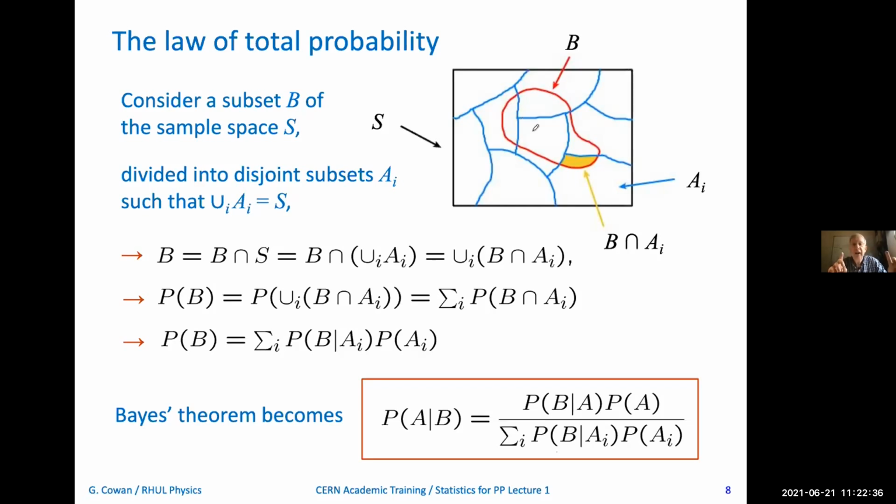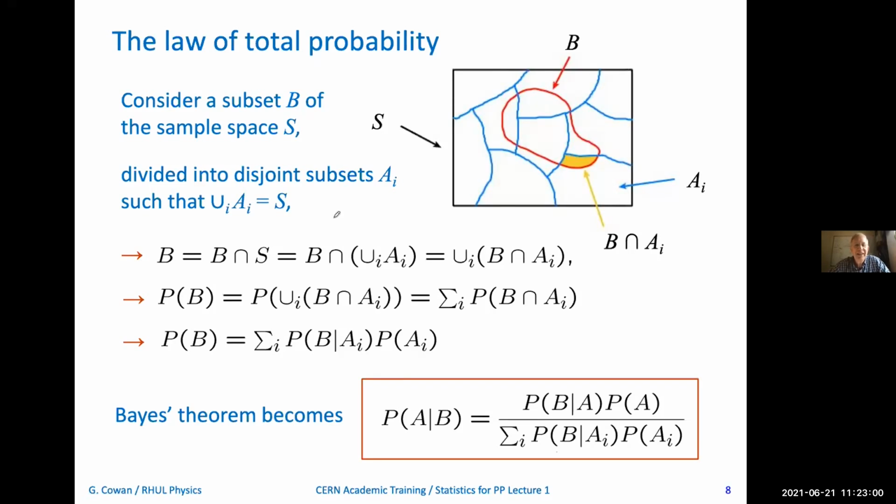They're also disjoint. And so therefore, their probabilities add by Kolmogorov's third axiom. And so what you can say is that the probability of B is simply the sum of the parts of the A sub I's that lie inside B. That's grosso modo the statement of the law of total probability.